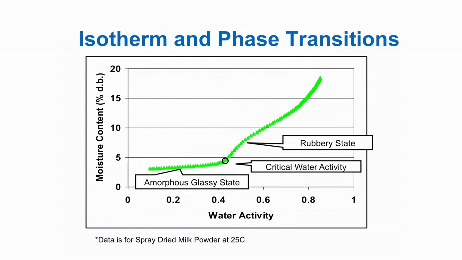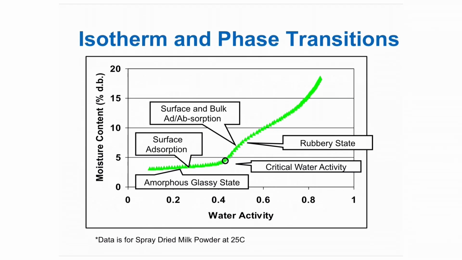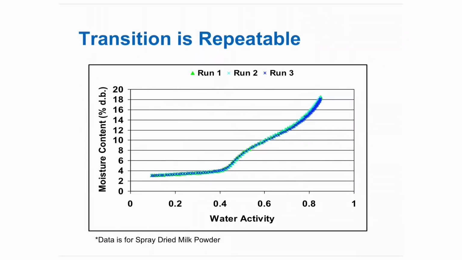So using this information, we can now identify where that transition from the glassy state to the rubbery state happens, and we identify that as a critical water activity, which is specific to the temperature at which we do this investigation, in this case at 25 degrees C. Initially all we see is surface absorption until that transition occurs, in which case we now see surface and bulk or adsorption occurring as a consequence of the phase transition, and eventually these particles will wet and go into solution.